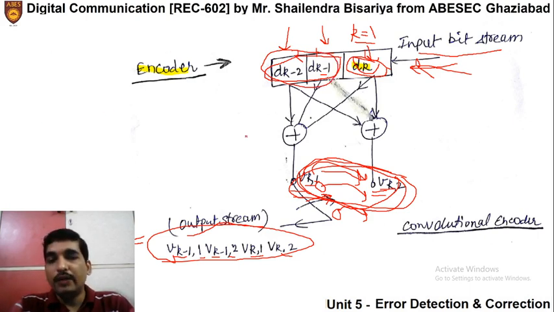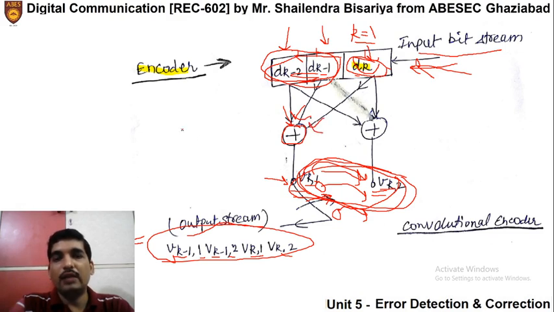How are they taking part? We are doing nothing but convolution. We are doing the XOR of a few previous message bits as well as the present message bit. For the present case, you can see that vk1 is equal to dk minus 2 XOR dk minus 1 XOR dk.